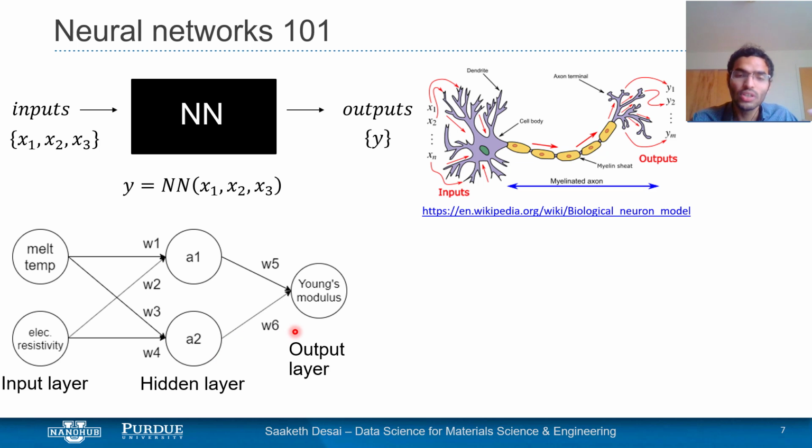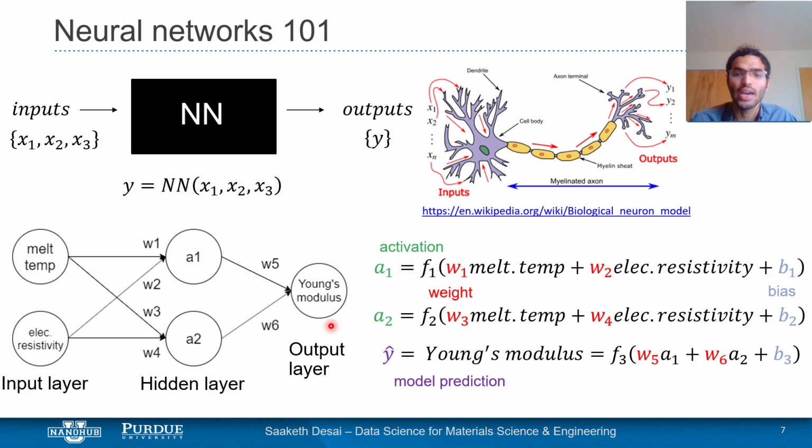So for us to compute the value of the Young's modulus, given this neural network model, we need to perform what is called a forward propagation. So given two inputs, melting temperature and resistivity, we need to propagate forward through this network to compute the Young's modulus. And the way to do that is using this equation, which might look like a lot at first, but it's fundamentally very simple.